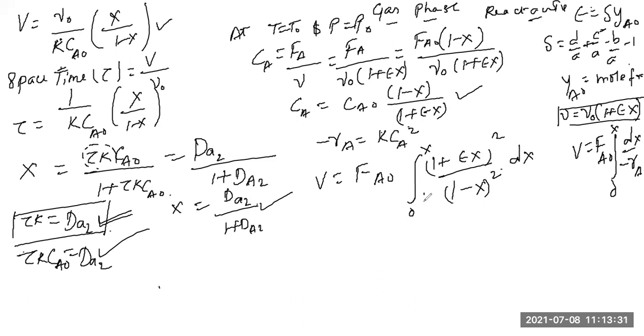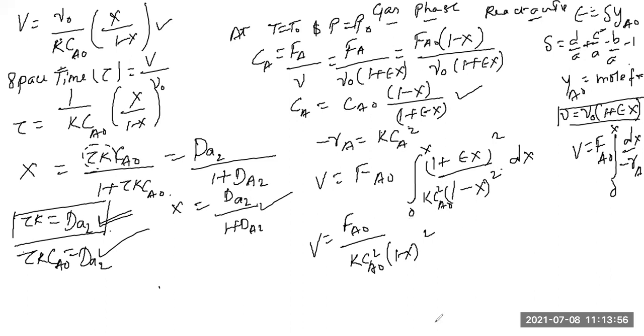And you have k CA0 square, this will also come out of the integral because it is also constant. So it will develop like this, FA0 divided by k CA0 square.